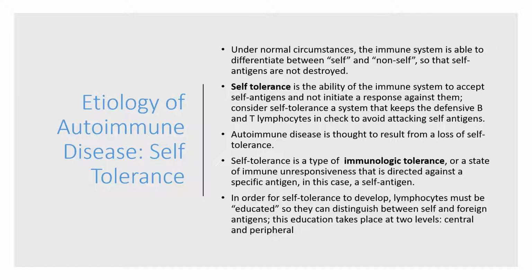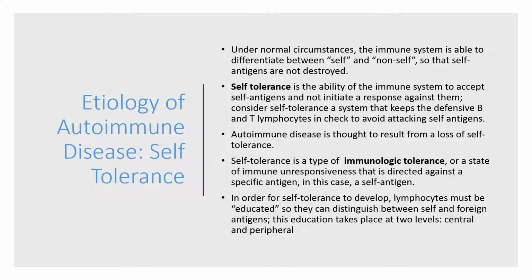So how does this all happen? In earlier lectures, we talked about the fact that the immune system can recognize self or non-self. Non-self initiates the immune response. So self-tolerance is the ability of the immune system to accept self-antigens and not initiate an immune response.